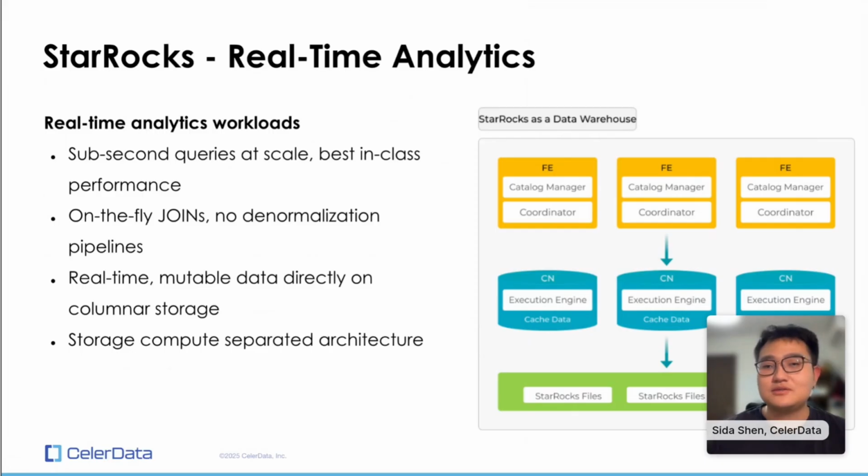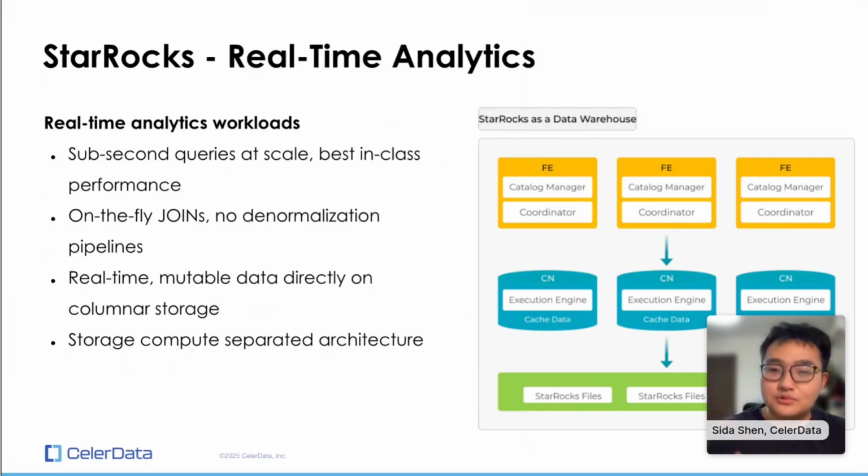So first is a real-time analytics workload. StarRocks can be a data warehouse. It has its own storage engine and its own file and table format, its own optimized storage format for real-time analytics, right? It supports sub-second query at scale. It has best-in-class query performance. It supports on-the-fly joins, so you don't have to do denormalization. I'm going to talk about how exactly StarRocks does that later in the slides.